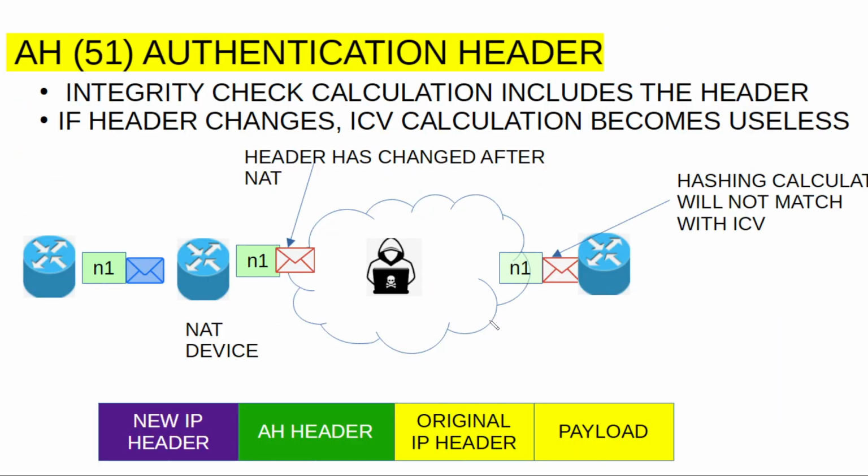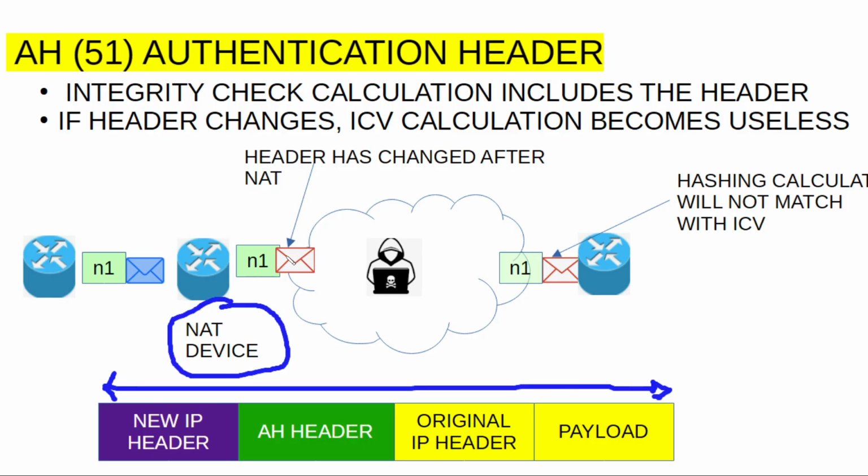Now, the downside of AH is that it defines integrity by including the header. So this can bring issues because, for instance, if we use a NAT device, we are going to change the header. We are going to change the source IP address.